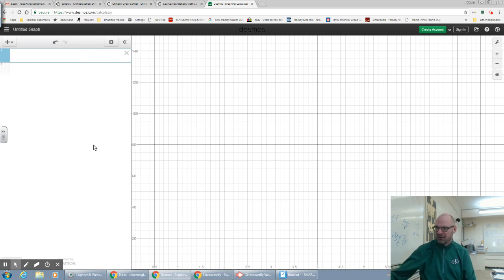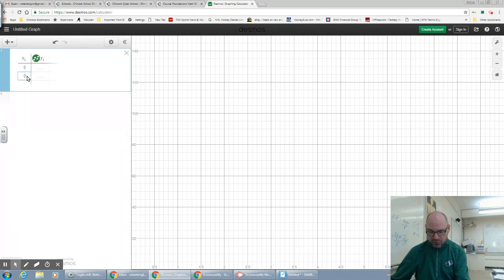Create a scatter plot. Okay, so over here where the plus sign is, we click it and get our table. Okay, and we put our x points in: 0, 1, 2, 3, and 4 minutes.